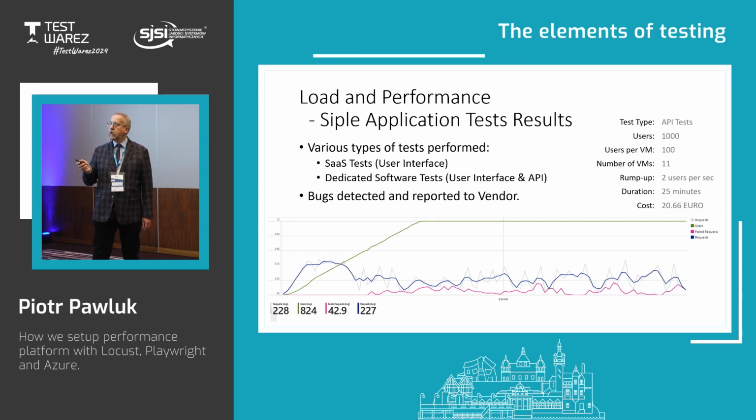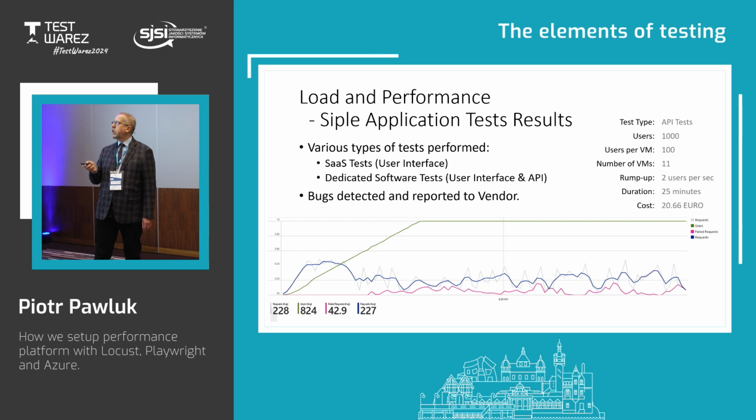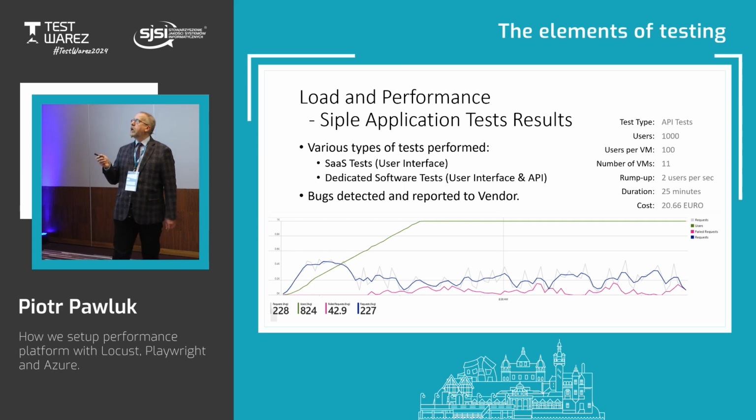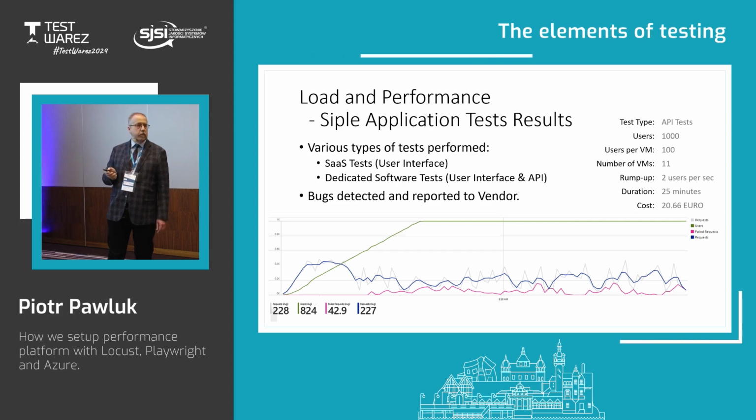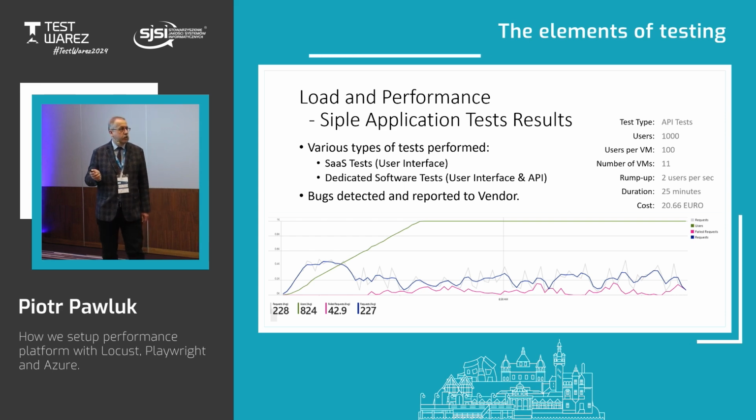Here again is an example of a test, and we have some error. Generally, the cost for 25 tests with 11 machines, 100 users per machine, was 20 euro from Azure costs.